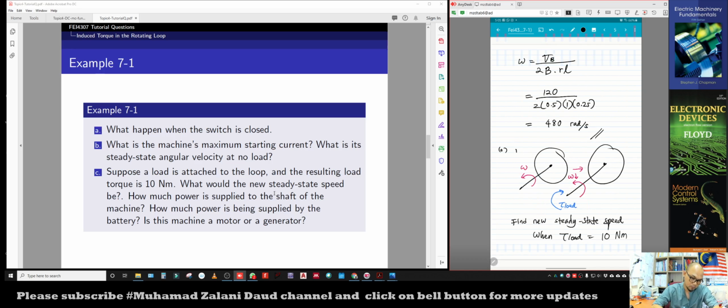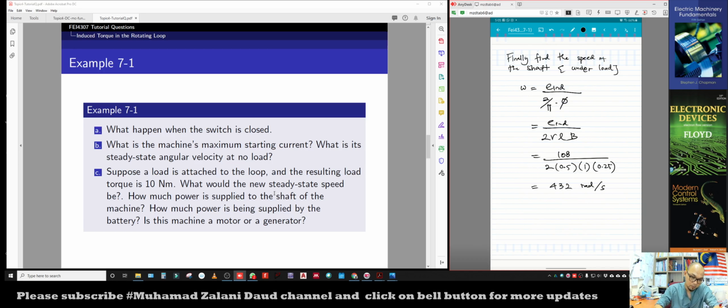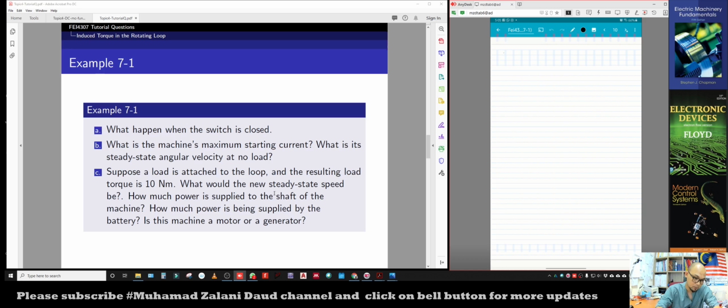This is C1, and now we are moving to C2. We have found the answer for C1, which is the new steady state speed. Now I'm moving to C2, power supplied to the shaft of the machine.